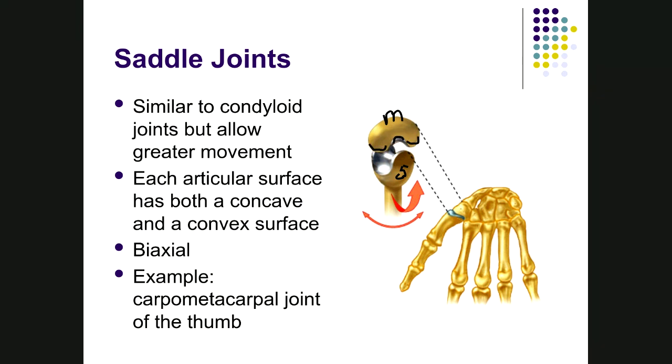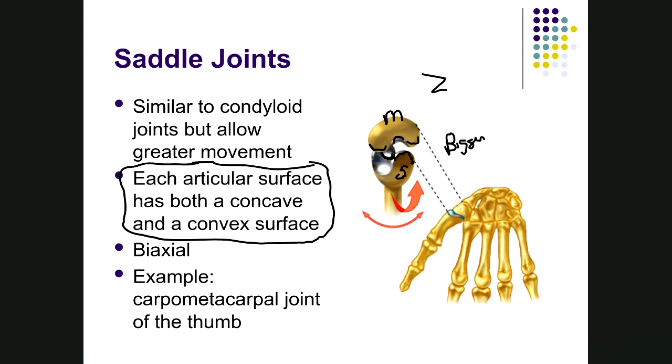Because of that, we get movements in more directions. Actually, not more directions, but bigger movements in each direction. So we still only have two directions, but they're bigger movements.